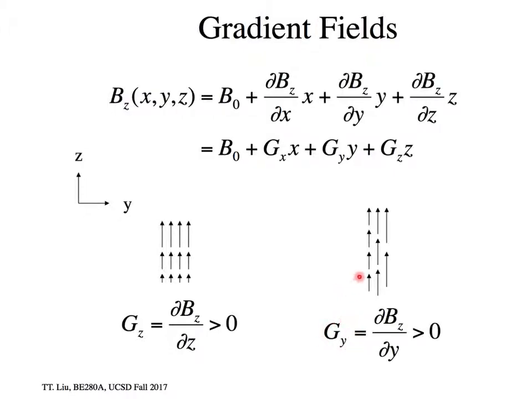A gradient in Y means that as I move in Y, the B field is changing in that direction. Now remember, they're all pointing in the z direction. We're not looking at B sub y or B sub x. We're looking at it in the z direction. And that defines the frequency at which the magnetization vector will precess through the Larmor equation, that equation that we studied before.